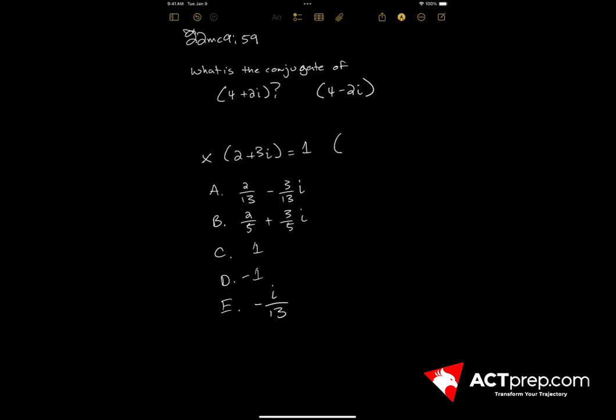We're going to do 2 over 13 plus negative 3 over 13i, times 2 plus 3i. I'm going to see if this equals 1.